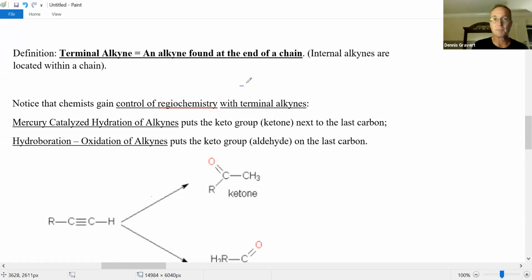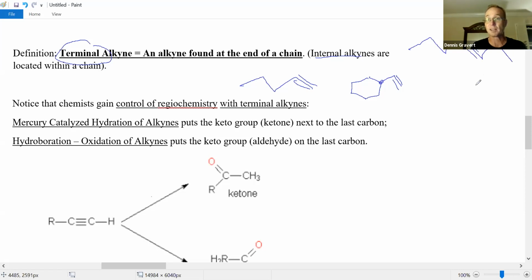So examples of terminal alkynes, here's one. Here's another one. I almost put the triple bond there. Big mistake. That would give this carbon 5 bonds. So I'll put it here. Okay, those are terminal alkynes. Internal ones are where, as you would guess, the triple bond's inside the chain.